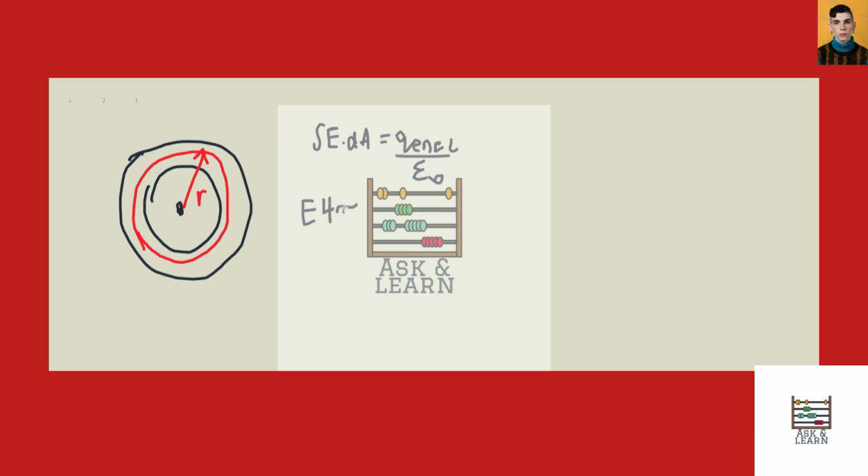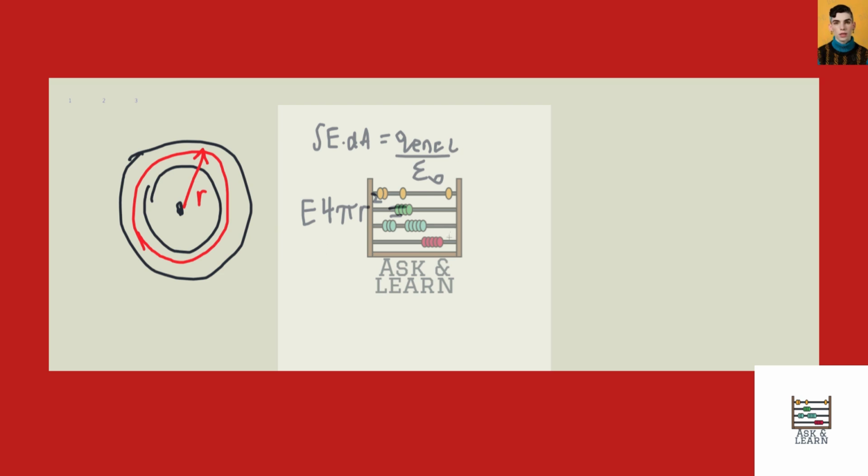And the integral of dA is just 4 pi r squared. The dot product of E and dA are the same everywhere along our surface. And so, we get this left side, which you've probably seen before.